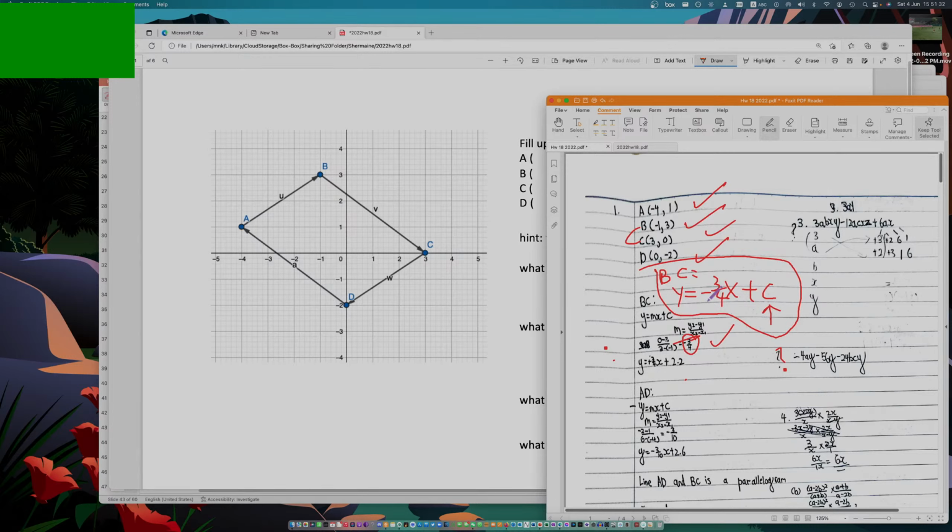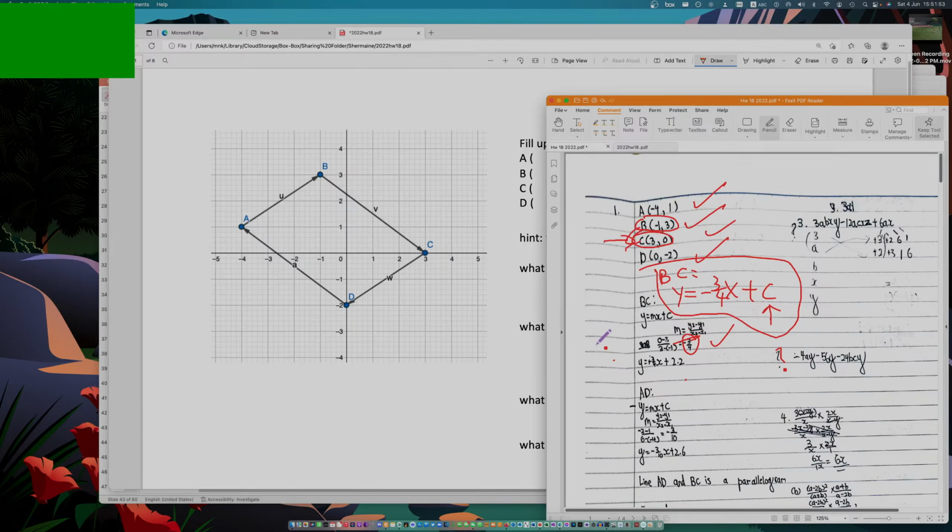So what you do is you just pick one point. You either pick the B point or you pick the C point. I think the C point is easier. I pick the C point. In the C, what is my y?